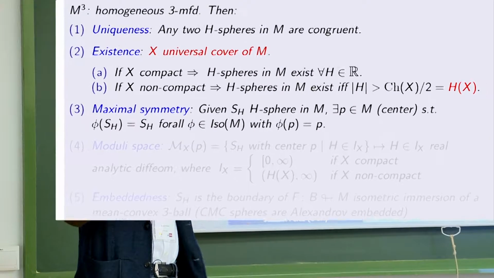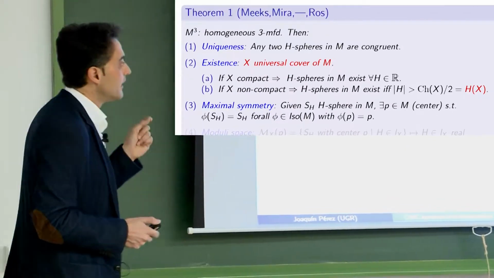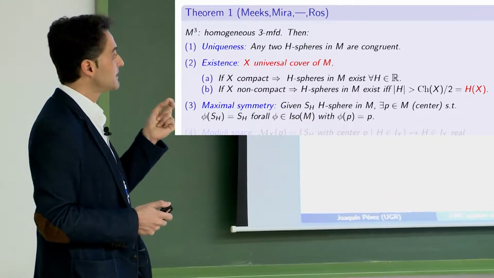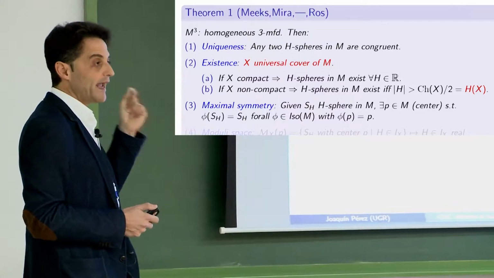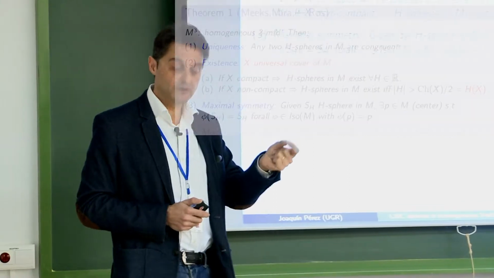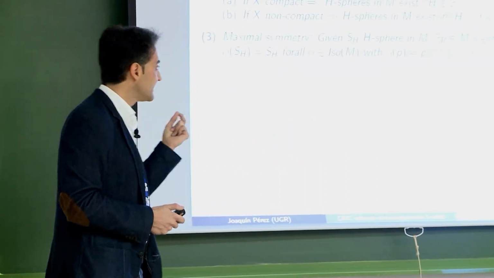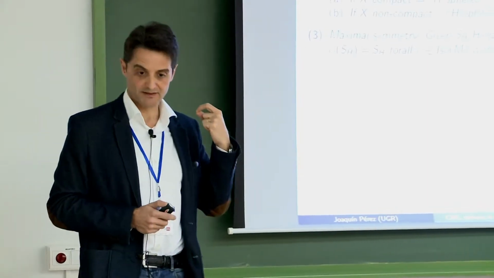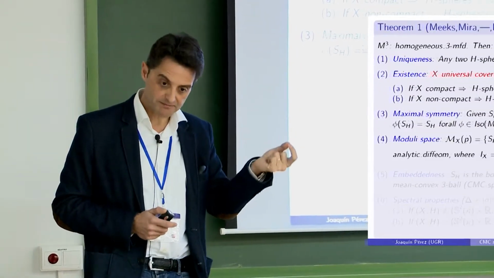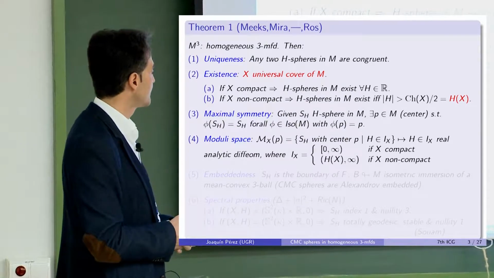It's true in R3, in S3, in H3, but not in other spaces. Okay? There exists one point in the ambient manifold so that any isometry of the ambient space that fixes that point will fix also the sphere. So the sphere inherits all symmetries of the stabilizer of that point, okay? In the space of isometries.